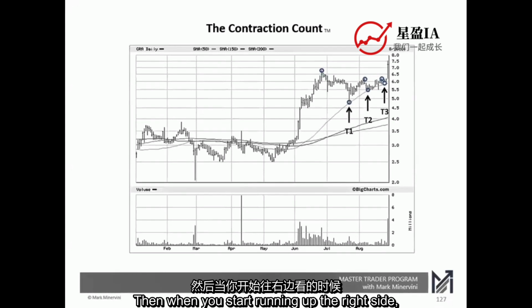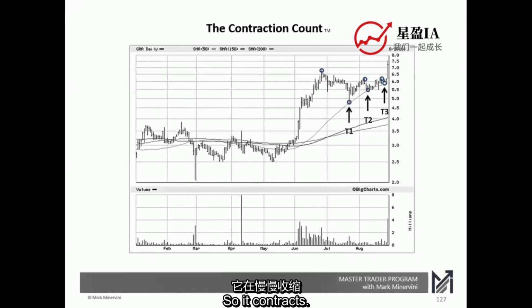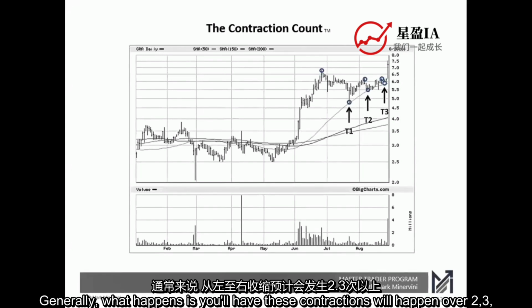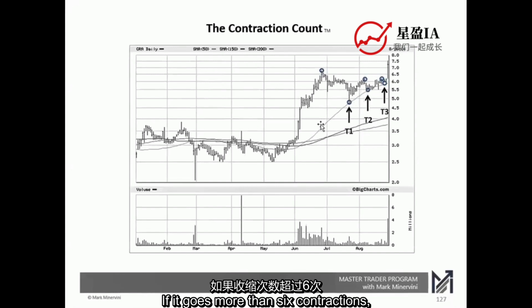Then when you start running up the right side, you get less and less volatility. So it contracts. Generally these contractions happen over 2, 3, sometimes as many as 4 or 5, very rarely 6. And if it goes more than 6 contractions, it's usually abnormal.